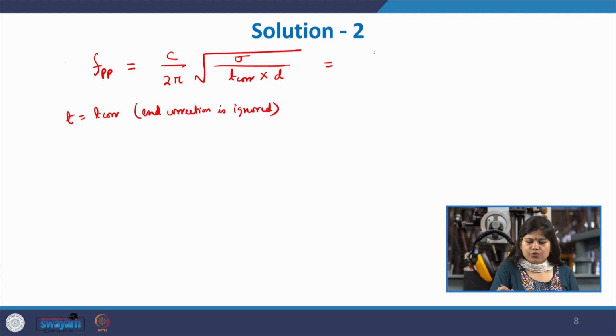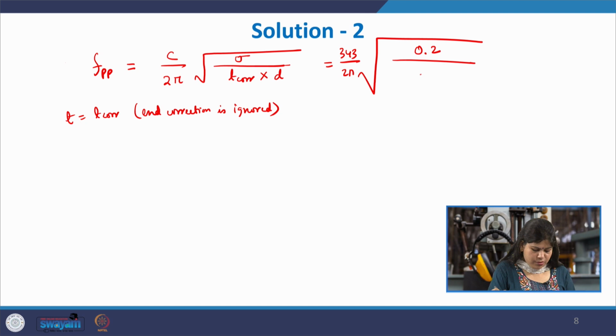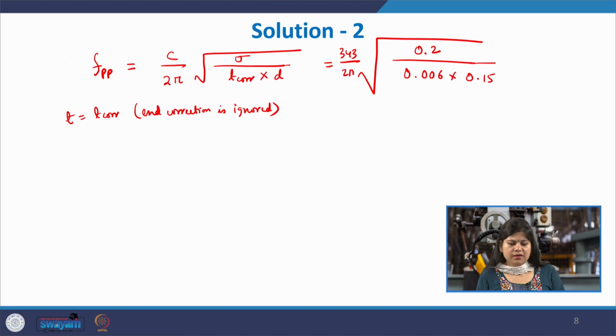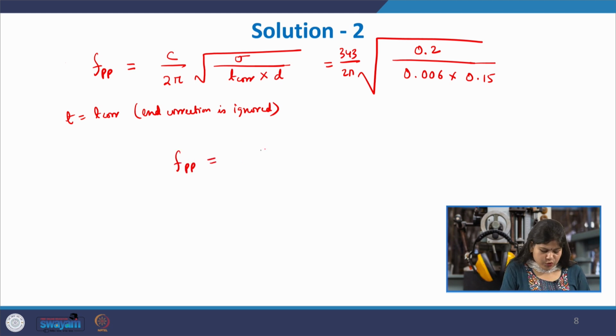Then you can directly punch the values into this formula: 343 by 2 pi, sigma is 0.2, 0.006 multiplied by the cavity depth. All the values are already given to us, so we directly put them in the formula and find the answer. The fundamental frequency comes out to be this value if you solve it.